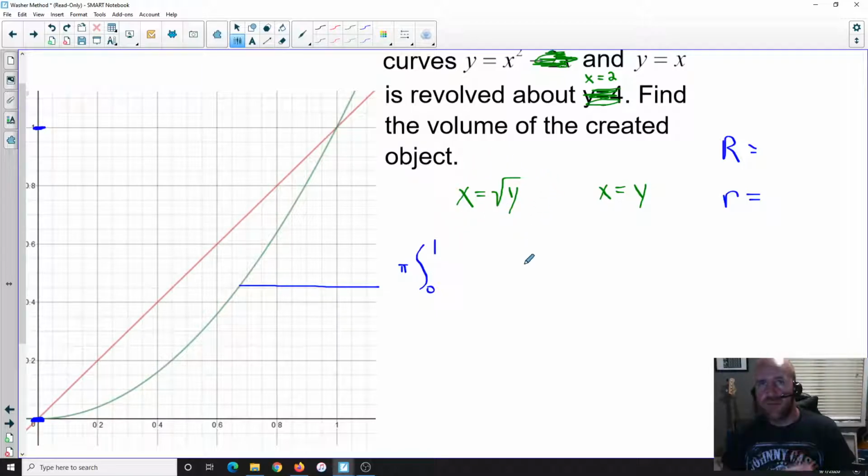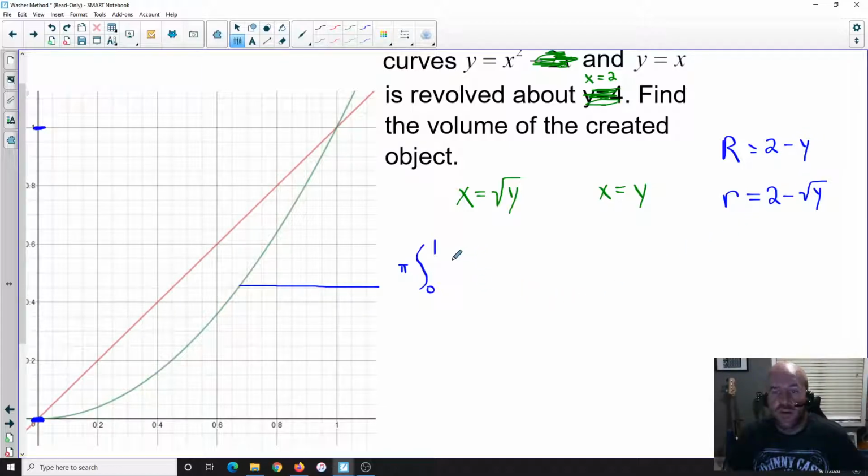And just like we did before, we're going to take our axis of rotation value and subtract the function. So 2 minus root y is going to be our little r. And then we do the same thing with the big R, so we're doing 2 minus y.